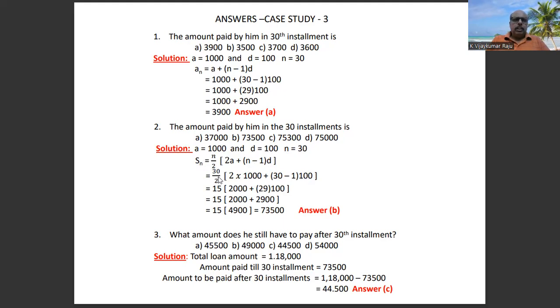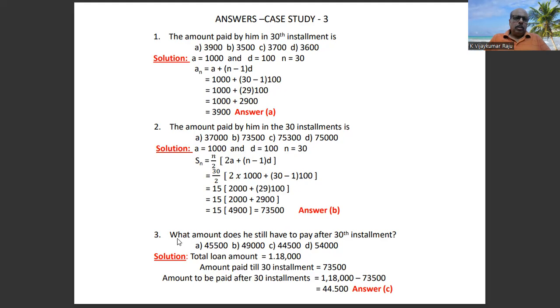So 30 divided by 2 is 15. 2 into 1,000, 2,000, plus 29 into 100, 2,900. 2,900 plus 2,000 is 4,900. Multiplying with 15, you will get 73,500. That means for the first 30 months total he has paid 73,500. Which is this option? B option. So B is your correct answer.